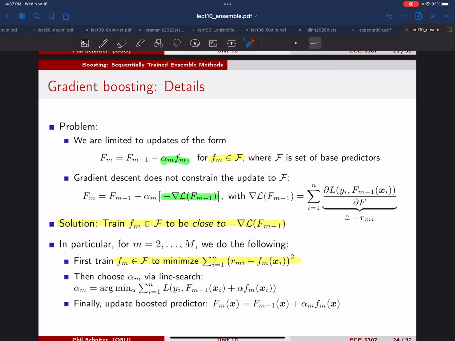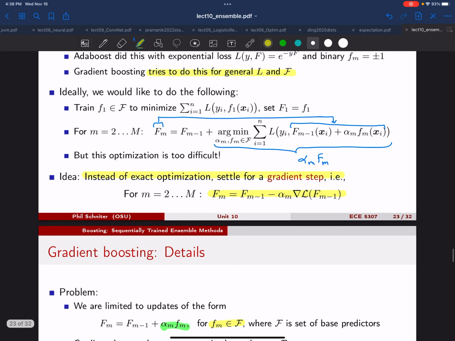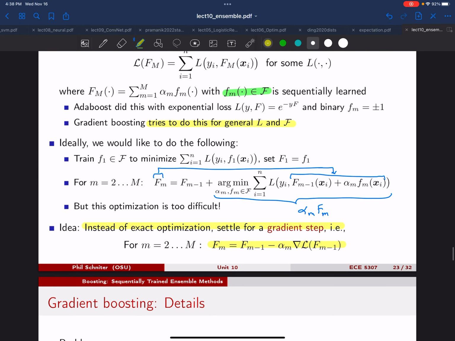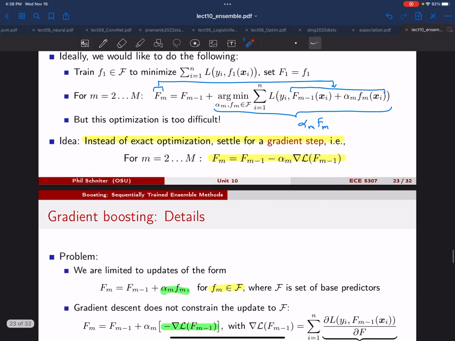Once we're done with that, the last stage is to choose alpha M. So we can come back to this idea where back here we said, choose alpha M to optimize the loss. We can do that still.